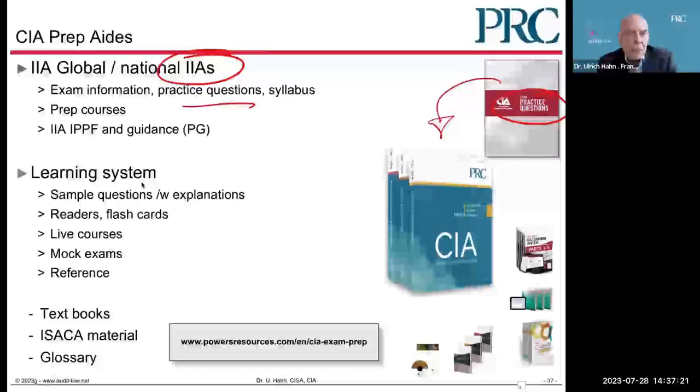If you have this booklet from the IIA, it's nice, and sometimes they sell sample mock exams on the website, but typically all these questions are in the different learning systems. So if you have a learning system, you don't need the practice questions.